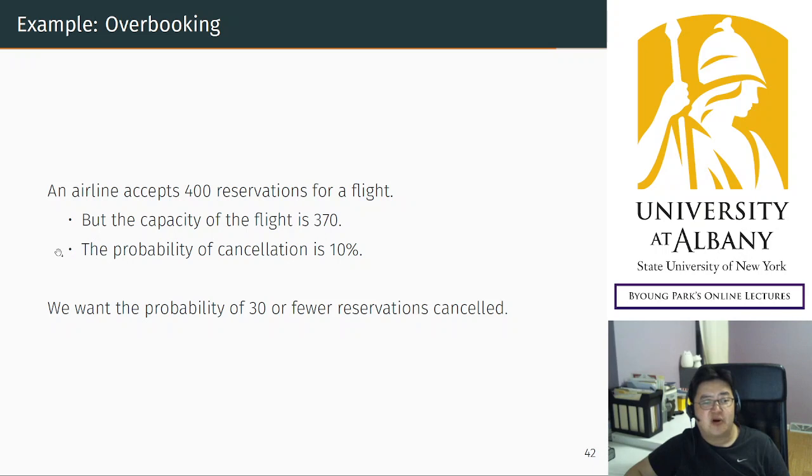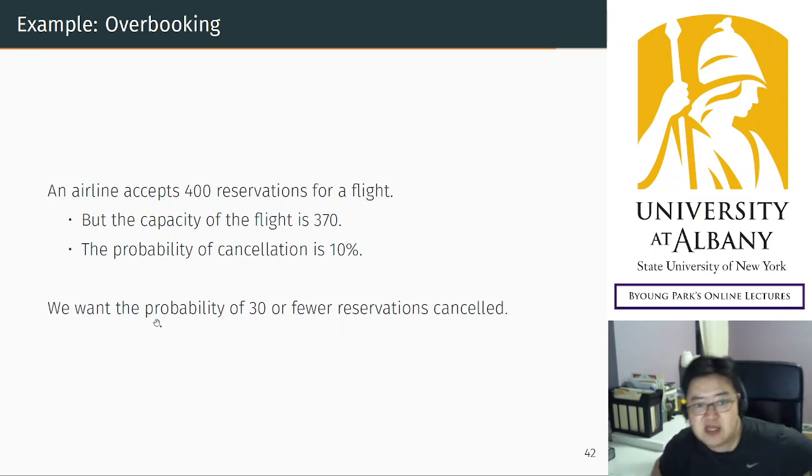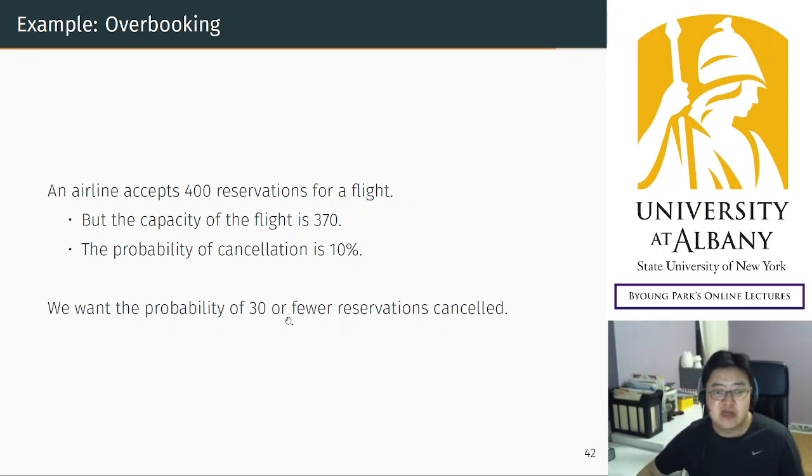As before, the probability of cancellation is 10%, and implicitly I assume that all reservations are independent of each other. We would like to calculate the probability that 30 or fewer reservations are canceled, which means the airline company is in trouble, as there are not enough seats for the passengers who want to take the flight. So we are going to calculate this.